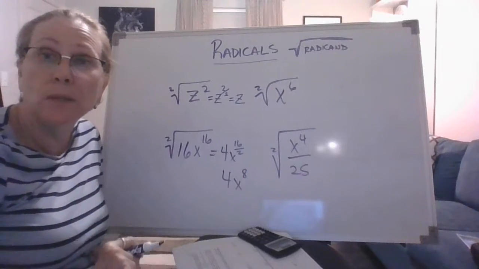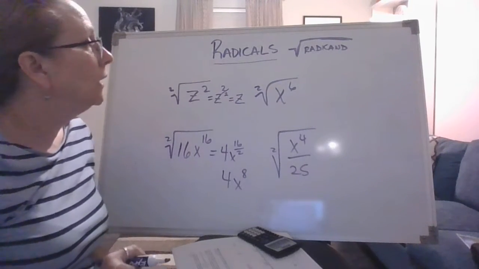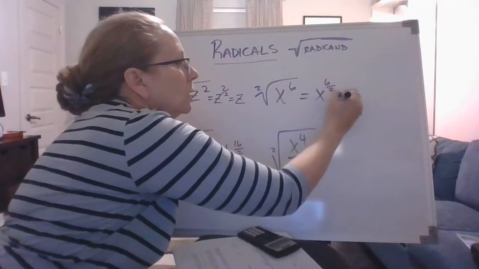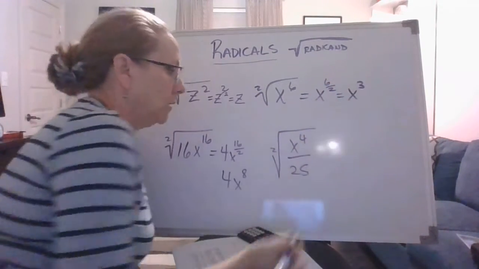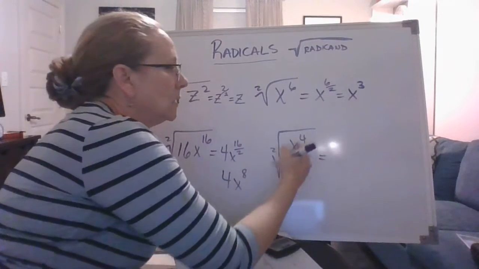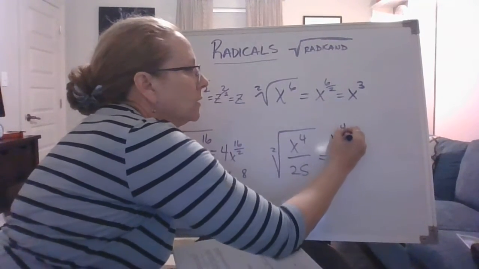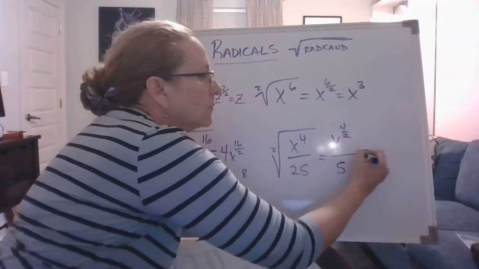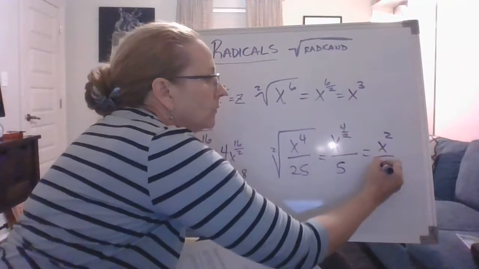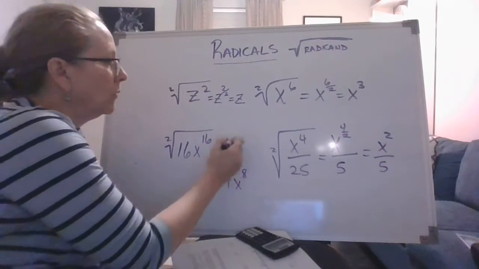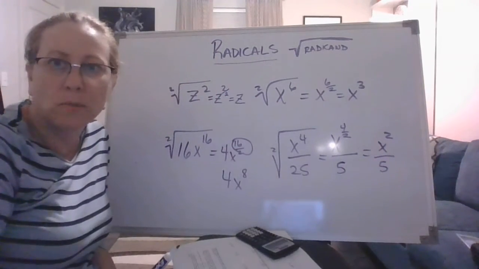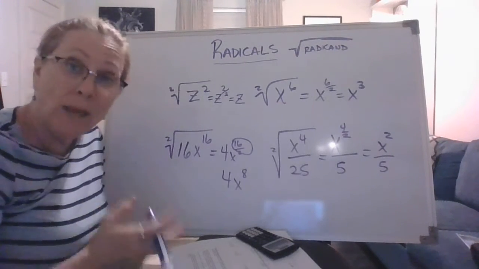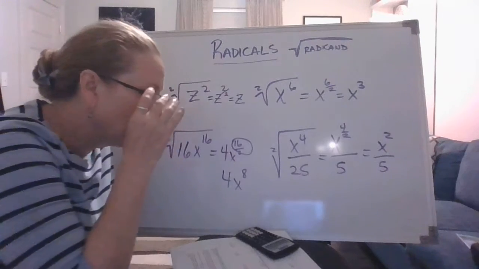So just take the exponent and divide it. Now, in this case, x to the 6th divided by 2 is x to the 3rd. In this case, x to the 4th divided by 2 over the square root of 25, which is 5. So x squared over 5. Now, are you going to go around writing these fractions? Probably not. But that's what is happening when you're solving those problems.